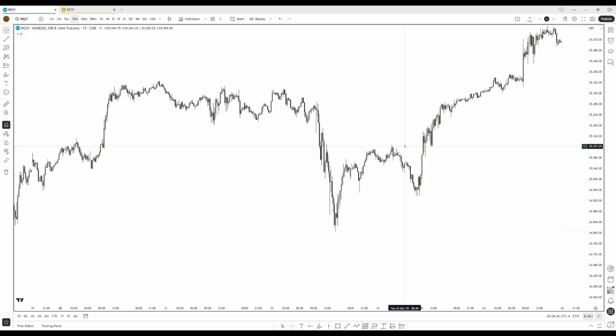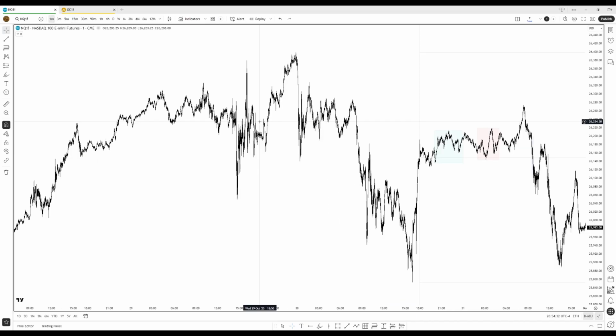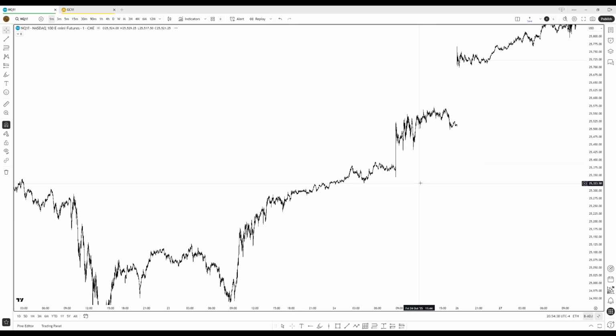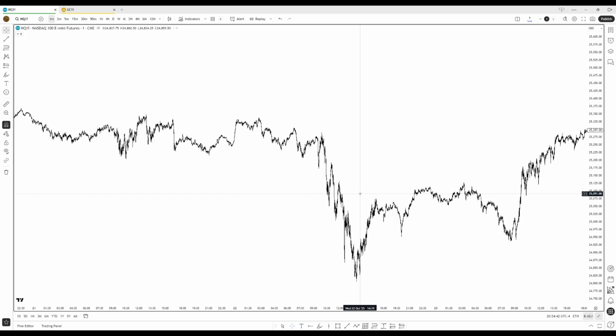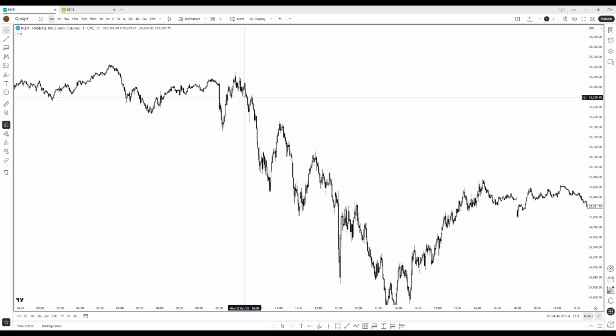If we zoom in more from a 1 minute perspective, we can see that it's trending down. So it's making the range, we come back inside the range, and then we push external, then back internal, and then external.